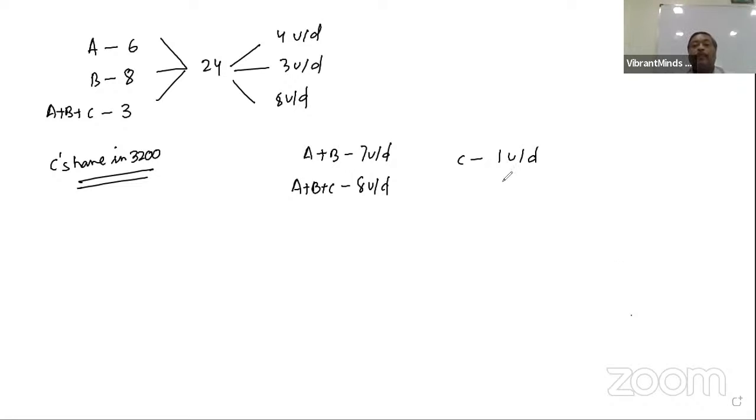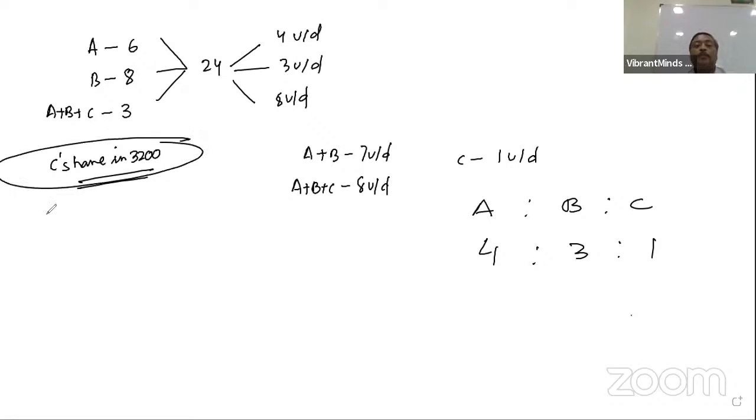Is it okay? So money will be divided in the ratio of efficiency. A is to B is to C, the share will be 4 is to 3 is to 1. I have to find C's share. So 1 by 8 into 3200.